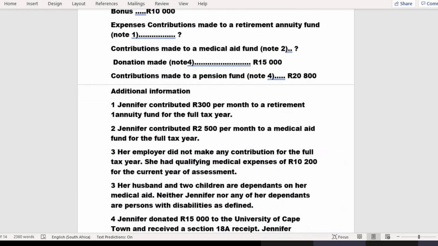Jennifer contributed 2,500 per month to a medical aid for the full tax year, meaning that for the whole year it's 2,500 multiplied by 12, which gives the total contributions for the whole year. Have an idea on how you're going to approach this kind of question, and let me know as soon as you've thought of something.